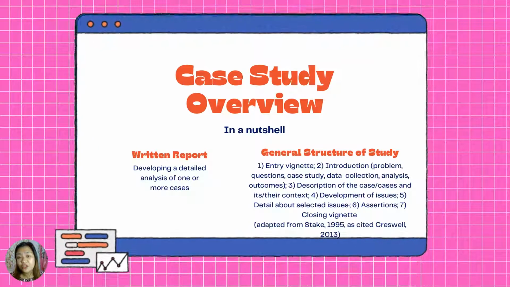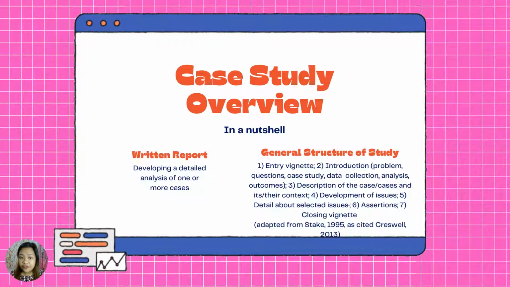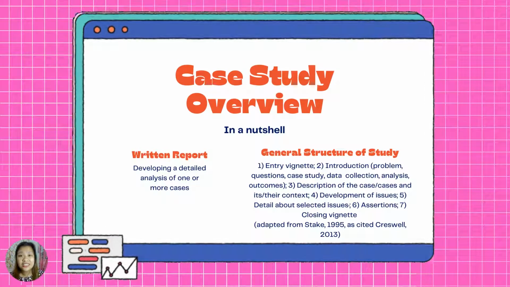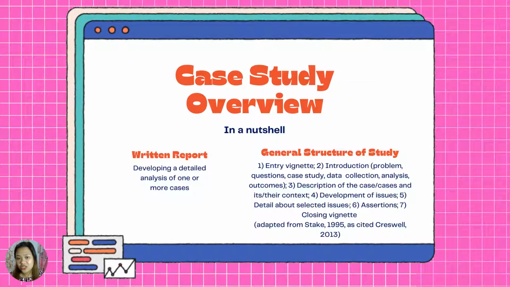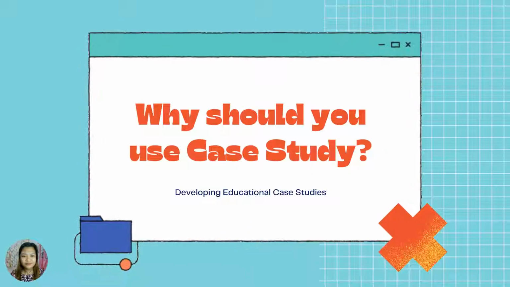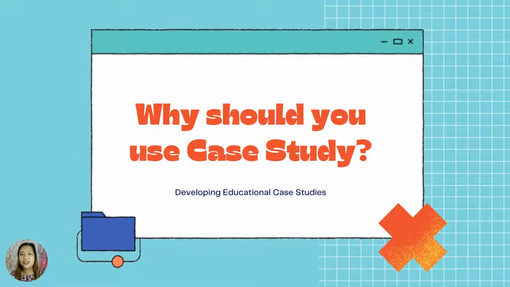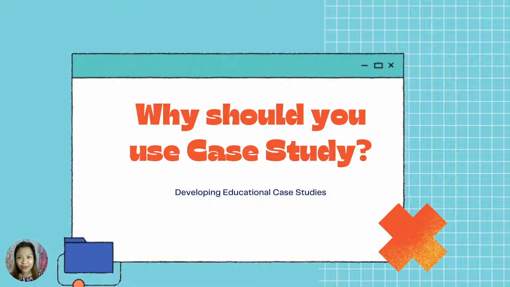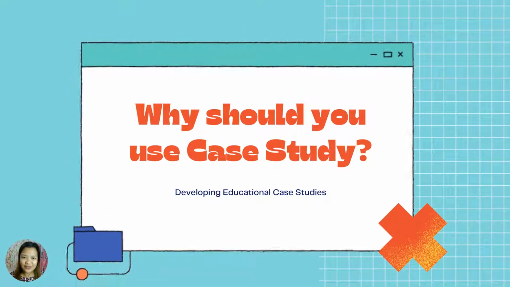Fourth part is the development of issues. Fifth, detail about selected issues. Sixth are the assertions. And lastly, the closing vignette. This is adopted from Stake 1995, as cited in Creswell 2013. So those are the definition and background of case study research.